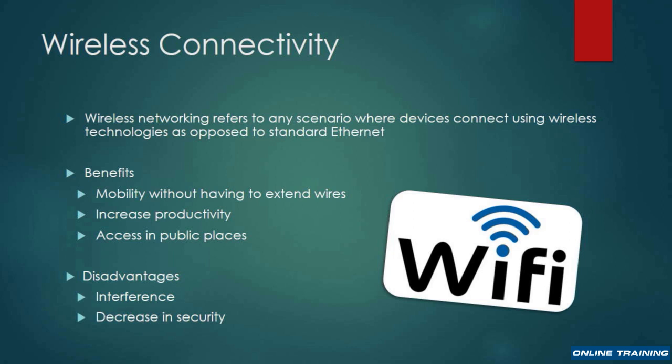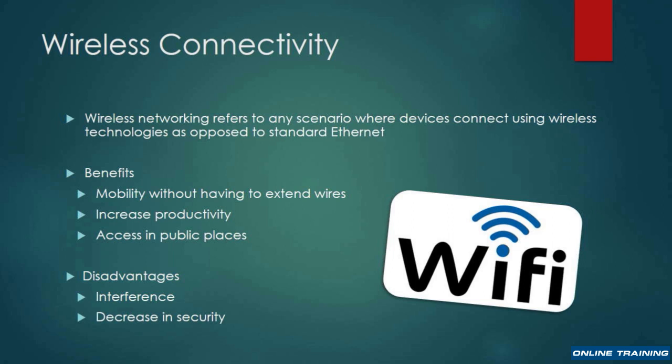And so, if users are more mobile in a business sense, it helps us increase productivity. If you've got a mobile device, a tablet or a laptop, you can carry it around with you and keep working wherever you're at, then obviously that's an increase in productivity. And then there's access in public places, so most businesses will provide some form of Wi-Fi connectivity to allow visitors to access the internet. But there are some disadvantages as well.